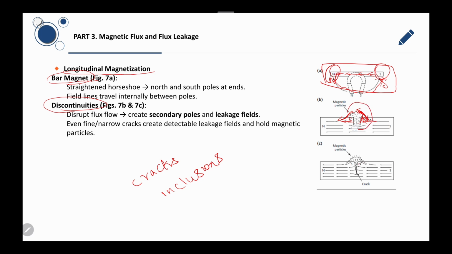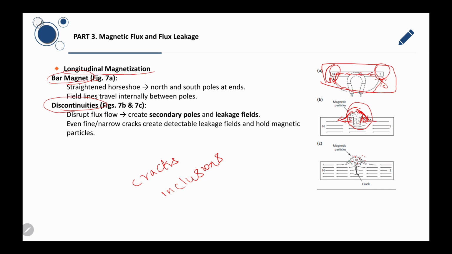This is a localized leakage field around the discontinuity. Even fine or narrow cracks will create detectable leakage fields that are strong enough to hold the magnetic particles.